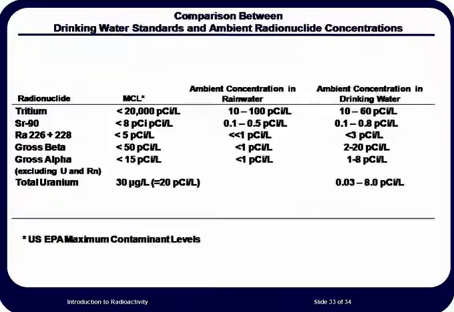The table shown here compares the maximum contaminant level, or MCL, of radionuclides as identified in Chapter 40 of the Code of Federal Regulations, with the concentrations of radionuclides found in rainwater and drinking water. The MCL is the limit of activity of these radionuclides in drinking water that is allowable.